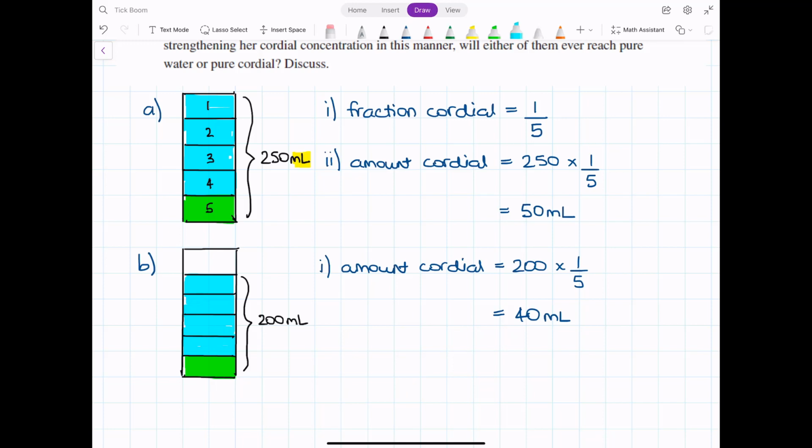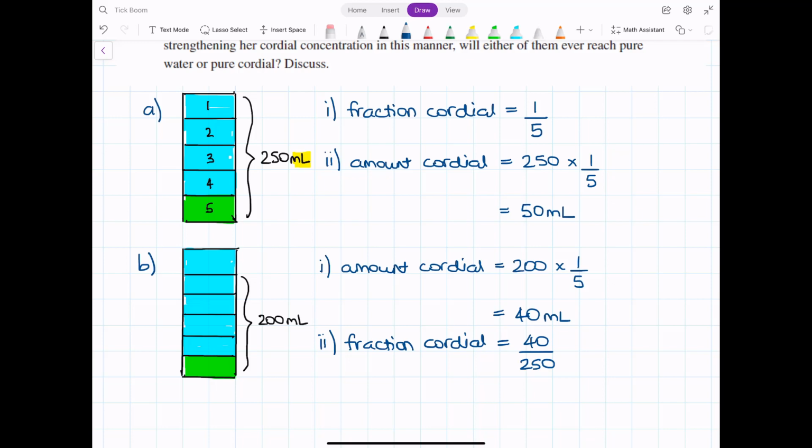But now, once we add back our water, so that the glass is back to full at 250 mils, the next part of the question was asking what fraction of that total glass is now cordial. We could calculate that as the 40 mils divided by the 250 mils of liquid.